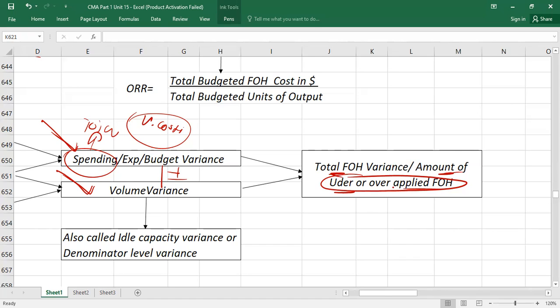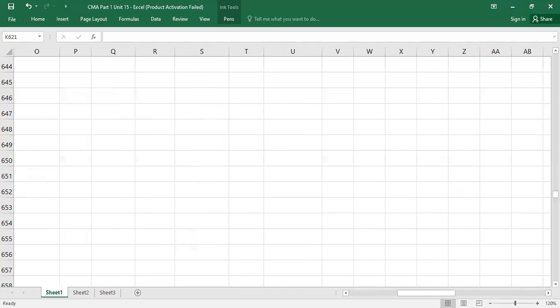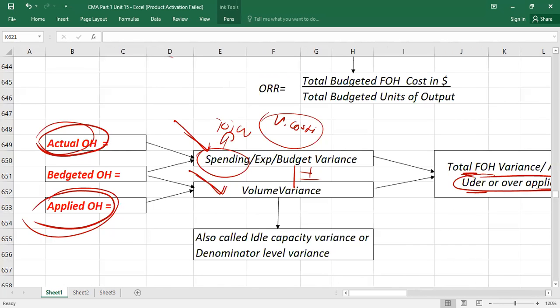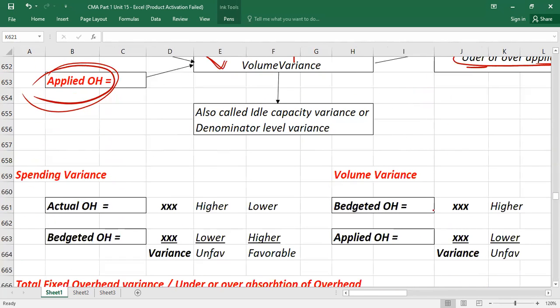When you are not saying what is under applied and what is over applied, just remember so far, because under applied and over applied we'll study in absorption costing. Just because we are studying variance, I'm explaining that part only. So if I am asking you to calculate the under or over applied amount, actually what am I asking you?